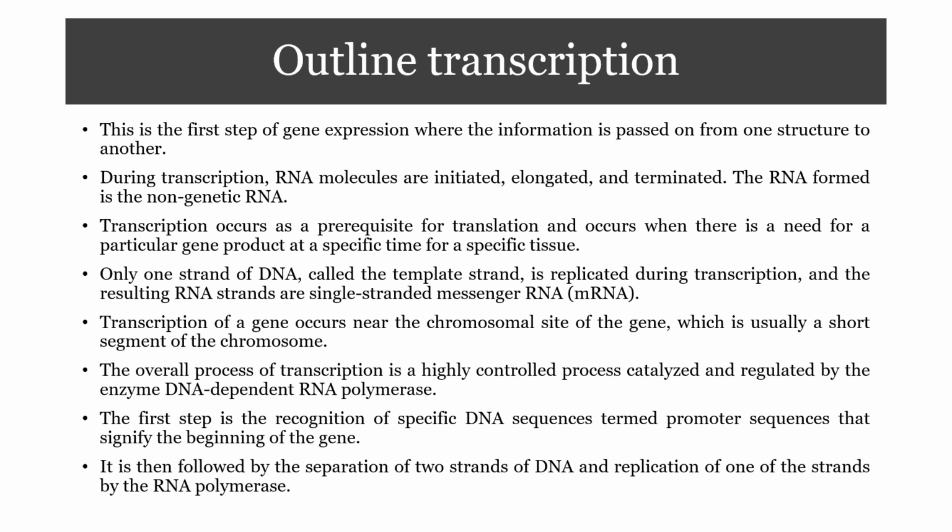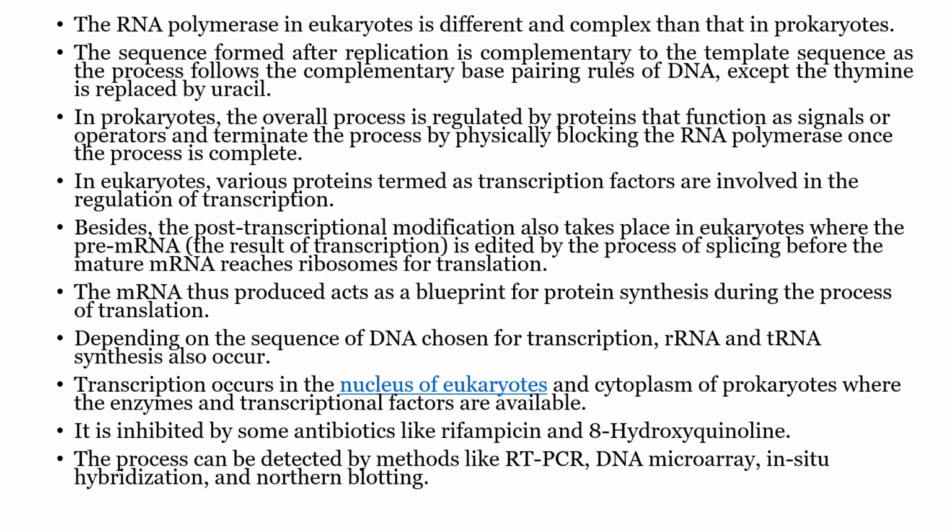First step is recognition of a specific DNA sequence termed promoter sequence that signifies the beginning of the gene. It is then followed by the separation of the two strands of the DNA and copying of one strand by RNA polymerase. RNA polymerase in eukaryotes is different and more complex than that in the prokaryotes. The sequence formed is complementary to the template sequence as the process follows the complementary base pairing rule of the DNA, except the thymine is replaced by uracil.